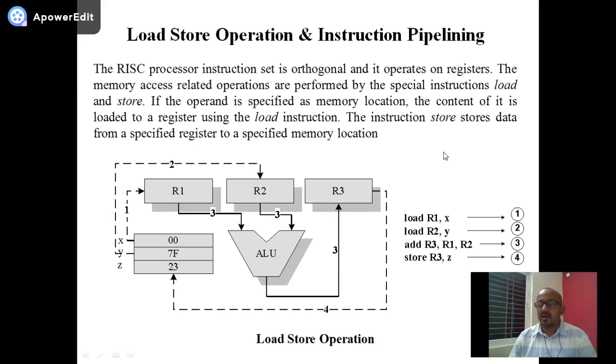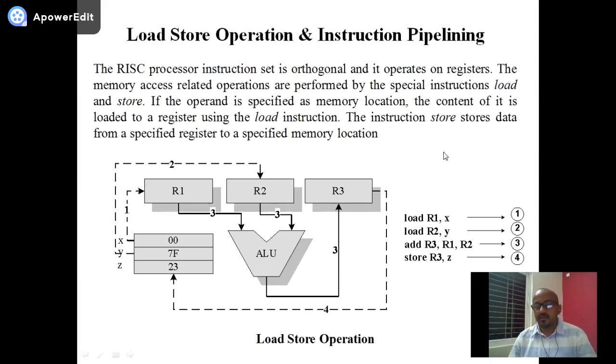The ARM Cortex M3 is a RISC controller, and as you know, the Cortex M3 controller always does addition or ALU operations, arithmetic or logical operations, using operands stored in the registers only.